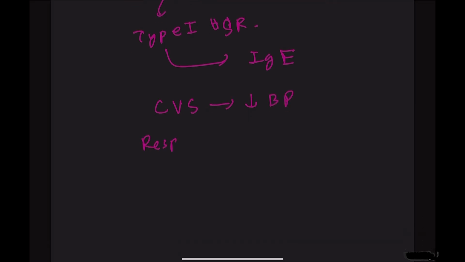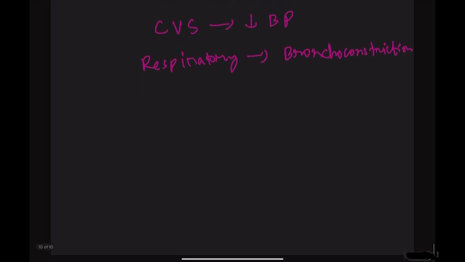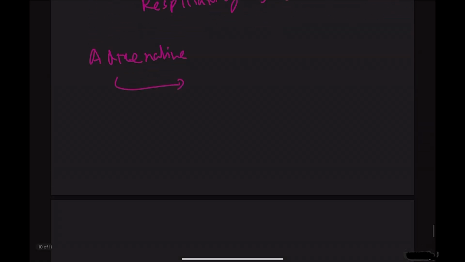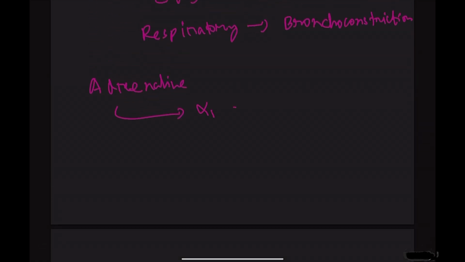and in the respiratory system there is bronchoconstriction. Okay, so what adrenaline does is, by stimulating alpha 1 receptor, it causes vasoconstriction, and this vasoconstriction leads to increase in the blood pressure.